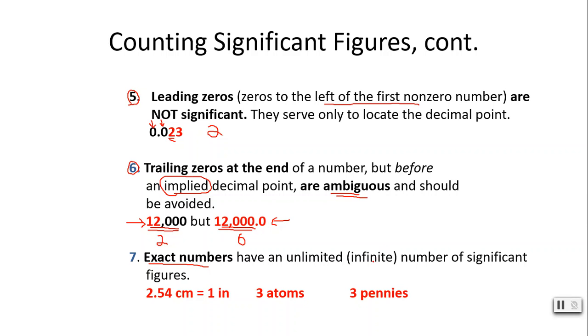We're going to do some more examples in the next slide. I would say the 2 rules to be most familiar with, because they are the exceptions for numbers that are not significant, involve zeros: ones that are leading zeros or trailing zeros before an implied decimal point.